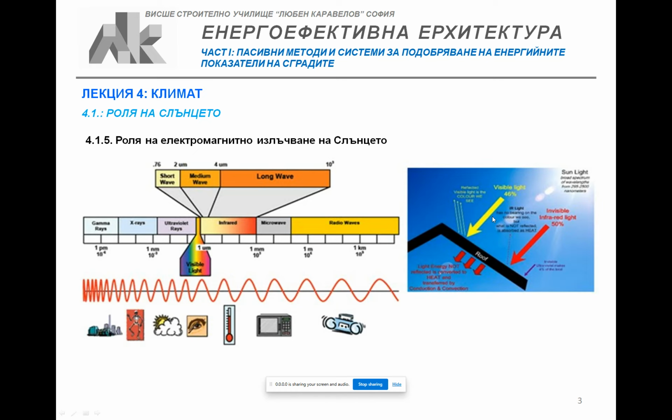The kind of waves that are responsible for the heating of the solid and liquid objects on the Earth's surface are about 50% infrared light, almost 50% visible light, and a small amount of ultraviolet rays.